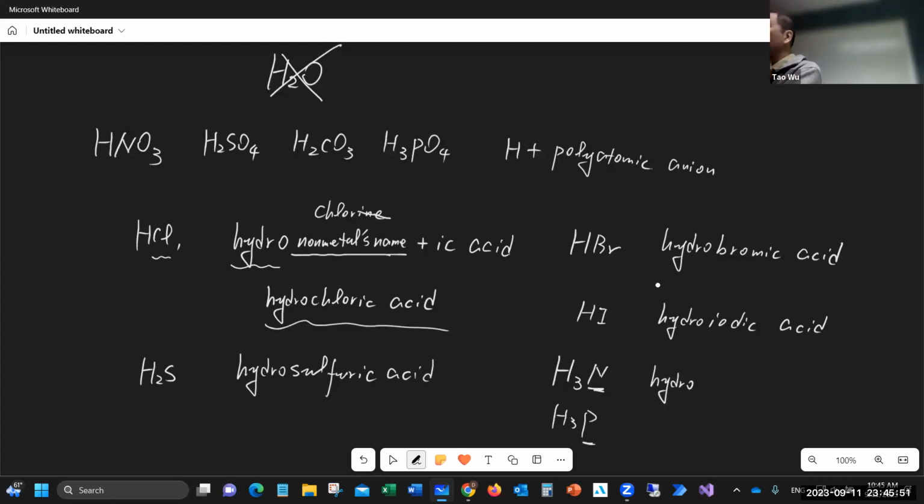You get rid of the ending and add ic acid. So this is hydronitric acid, and this is hydrophosphoric acid.